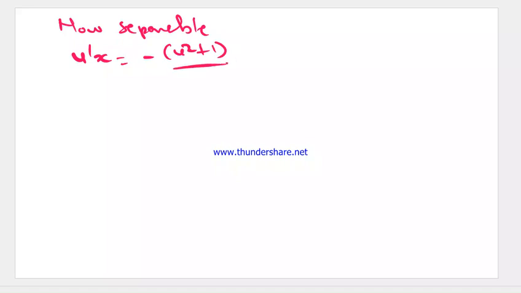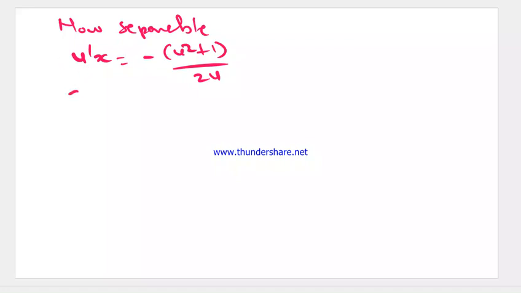So it's now separable. What do I mean? It means u prime x is equal to minus u square plus 1 all over 2u. We can collect all the u function terms with du.